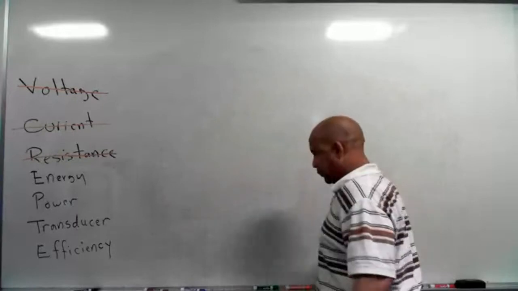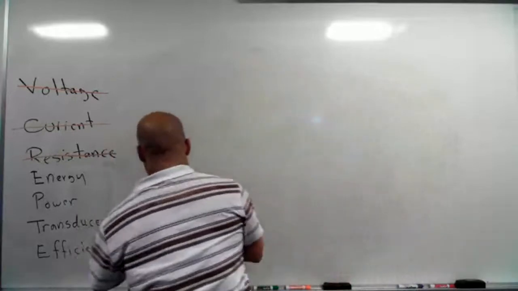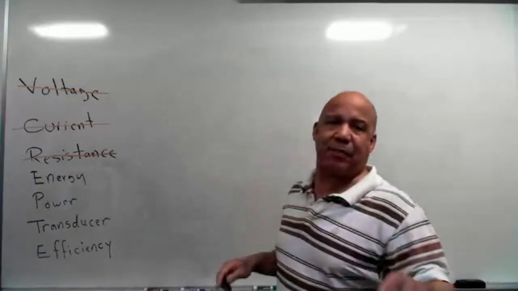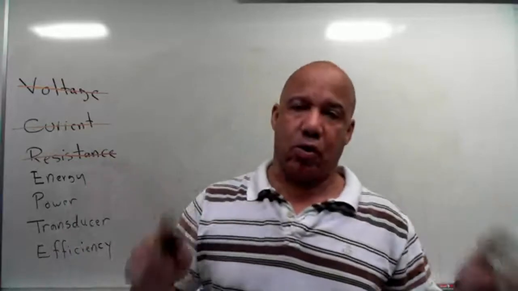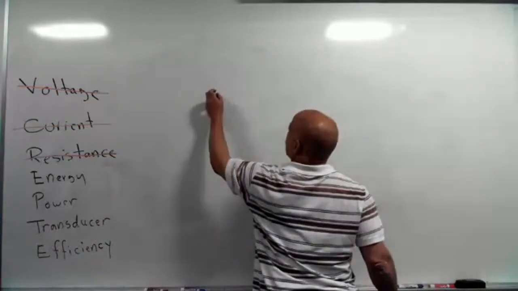All right, so let's deal with that transducer. So what is a transducer? Let's define it, and then we'll talk about it. So a transducer, you write it down. I'm going to say it slowly, and I'll say it a couple times so you can write it down.